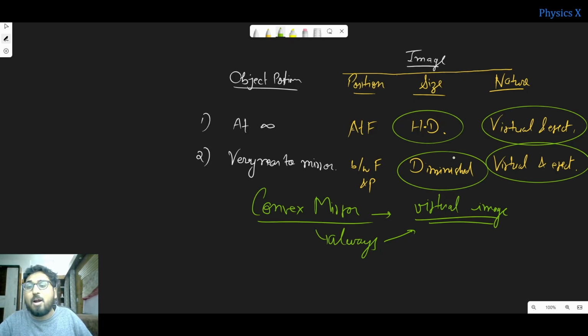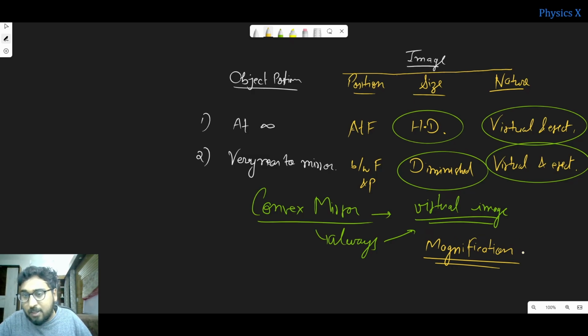Size diminished, what does that mean? It relates to a term called magnification. Magnification means how much the image is enlarged or not. Enlarged means magnified, and diminished means it is not magnified.